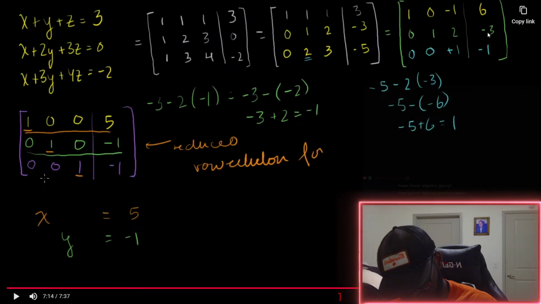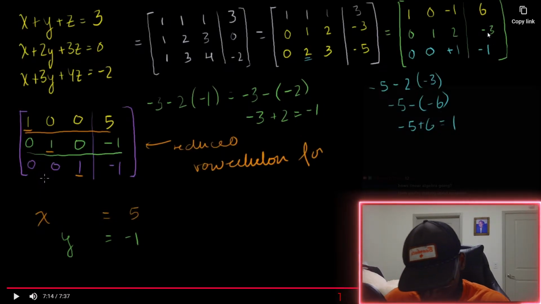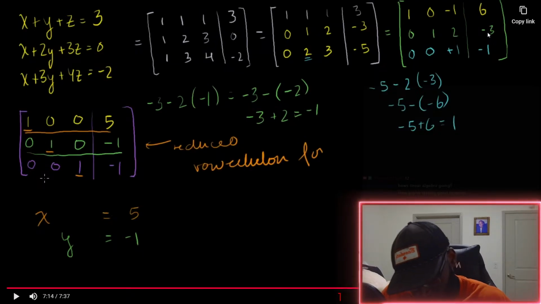Minus row 2. So 2 times 0 minus 0 is 0. 2 times 0 minus 1. Nope. So row 2 minus 2 row 3. Row 2 minus 2 row 3. 0 minus 2 times 0 is 0. 1 minus 2 times 0 is 1. 2 minus 2 times 1, which is 2. 2 minus 2 would be 0.